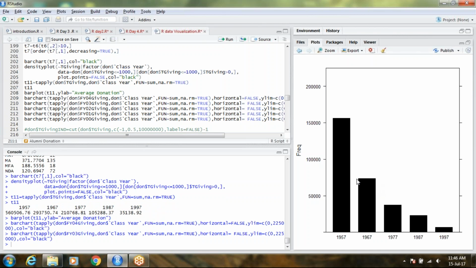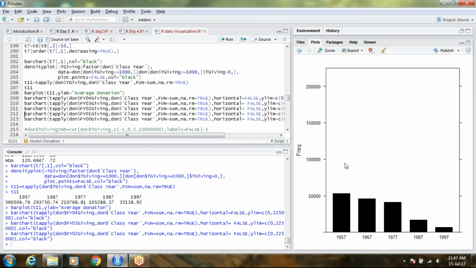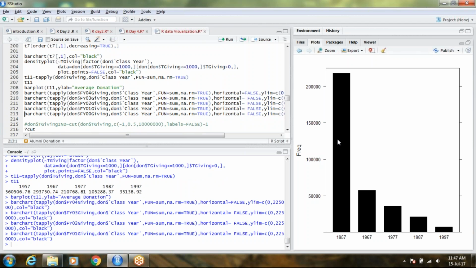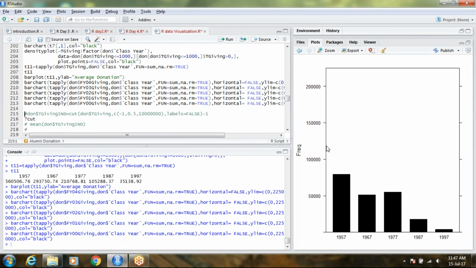Now 57 has provided the highest here. Then move on to the next. Again 57 is the highest, and then it goes on. Then again 57 has provided the highest. And again.